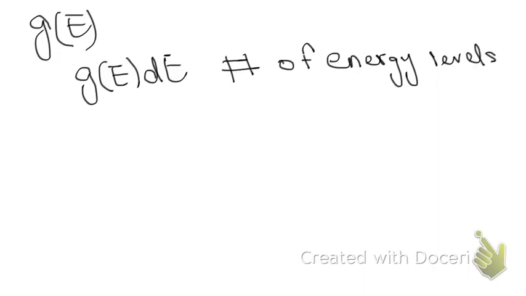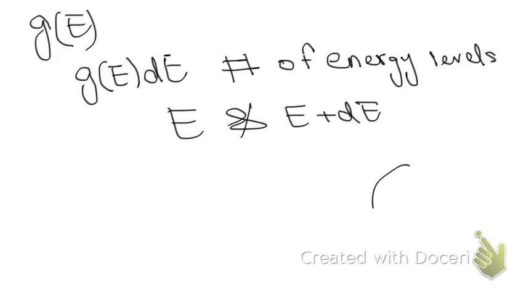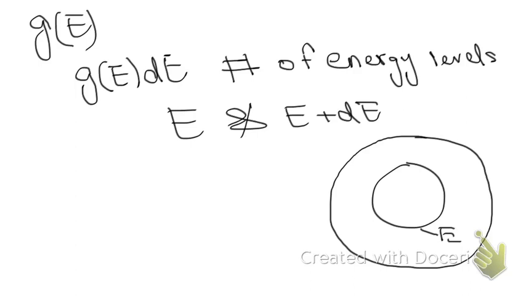So it is the number of energy levels that are going to lie in between E and E plus some dE, right? So if you look at it in the form of a circle, let's say this is my E, and then you have some E plus dE.